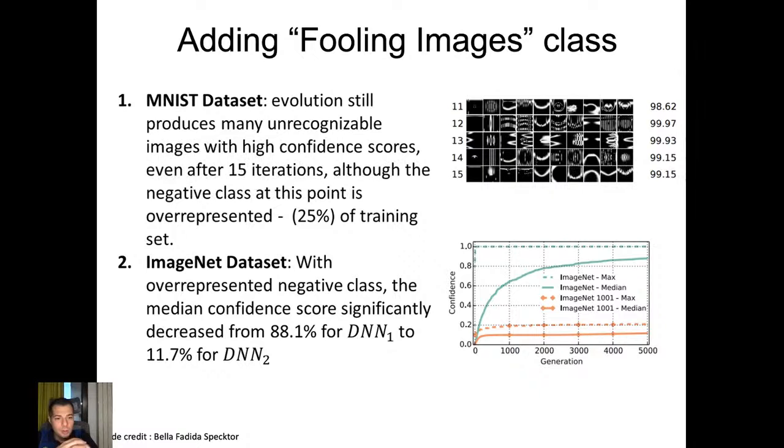They observed that for ImageNet, the median confidence score decreased from 88% to 11%. So for ImageNet, it seems that adding these adversarial examples to the dataset into this special class and labeling them accordingly really works better than for MNIST.